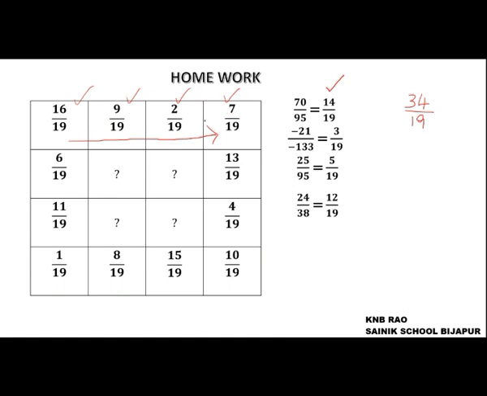Since they are like rational numbers, we straight away add their numerators. 16 plus 9 is 25, 25 plus 2 is 27, 27 plus 7 is 34.